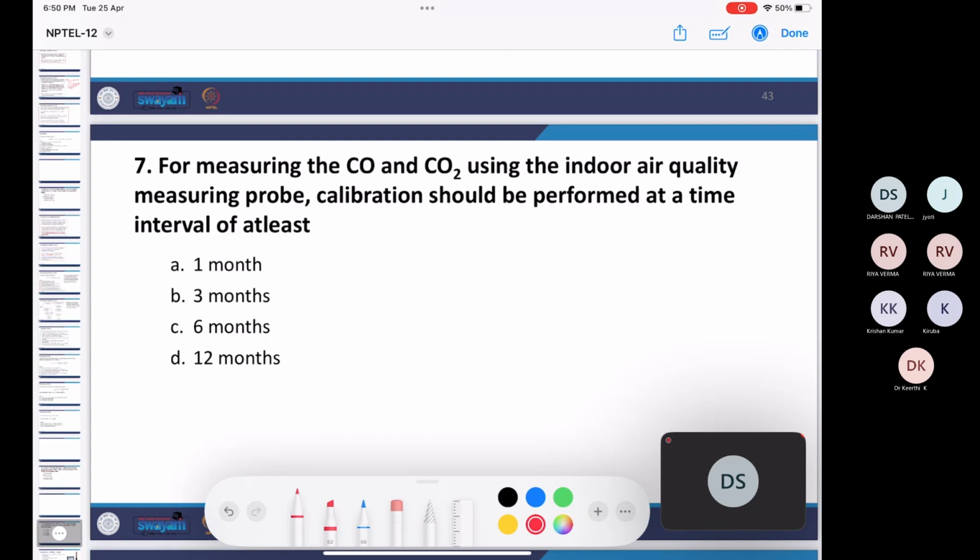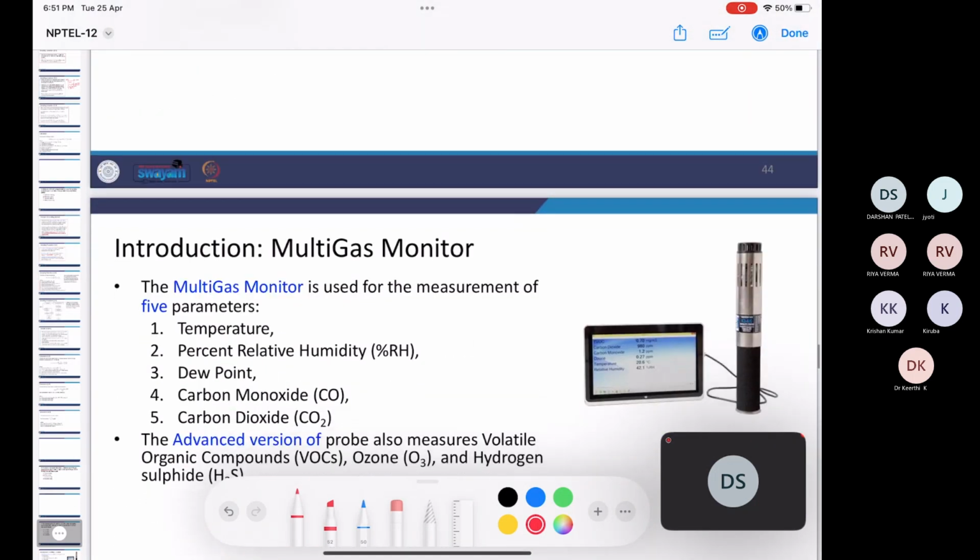And how much time interval should we calibrate the measuring probe? Anyone? 12 months. Okay, let's see.